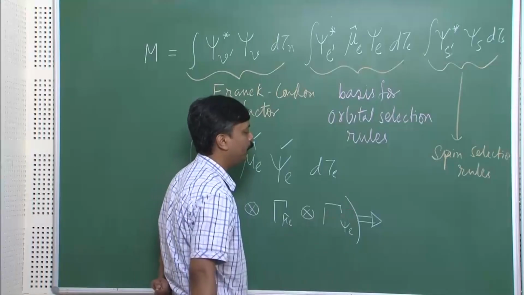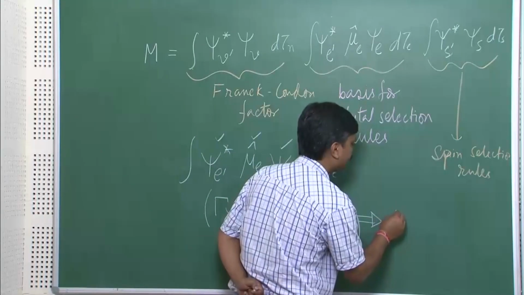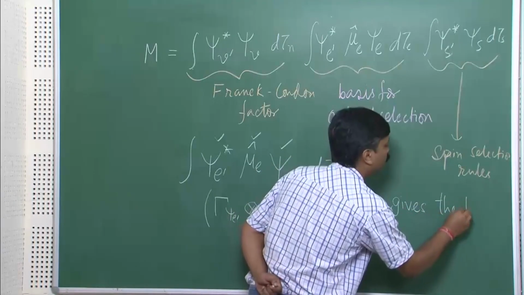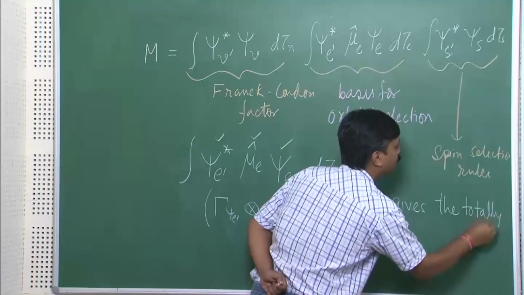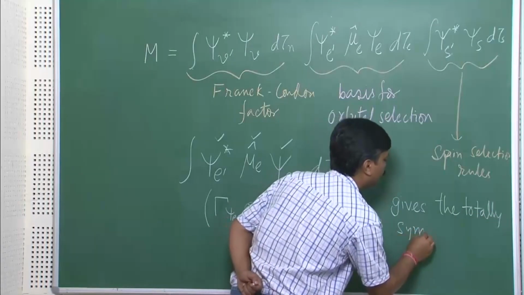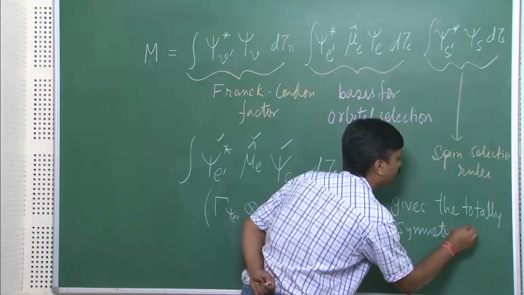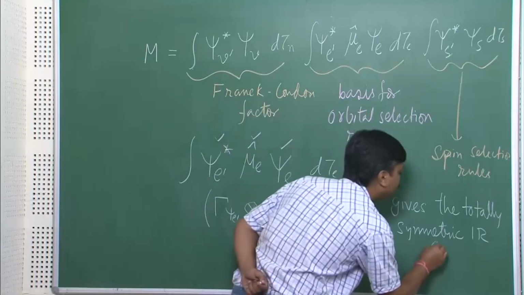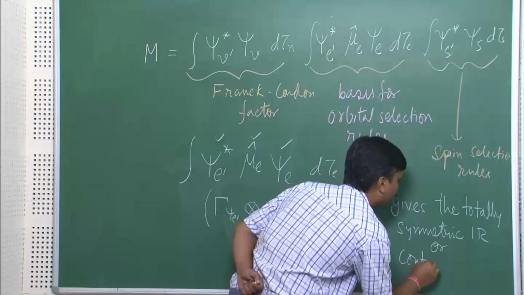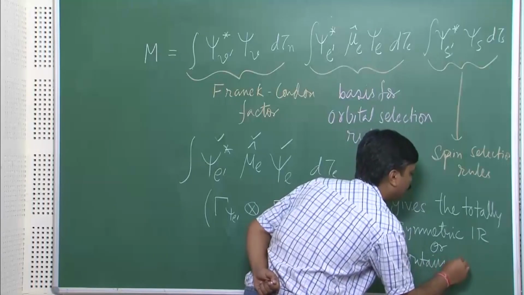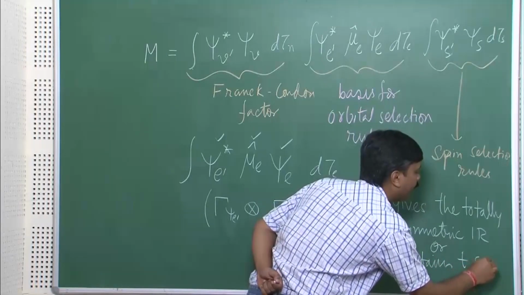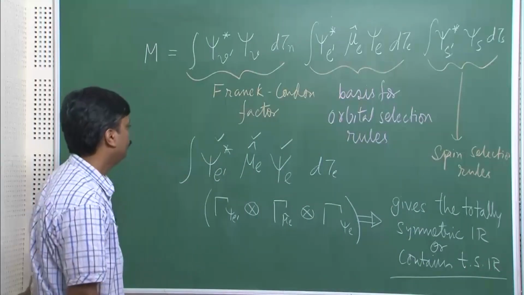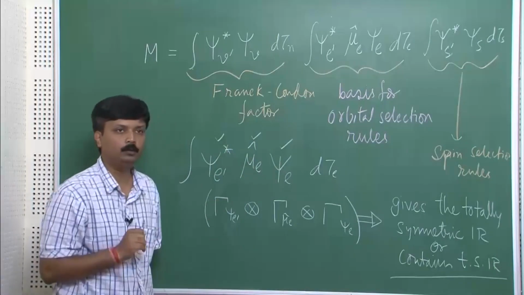If this triple direct product gives the totally symmetric irreducible representation as a result, or contains the totally symmetric IR as one of the components, then this transition will be allowed.